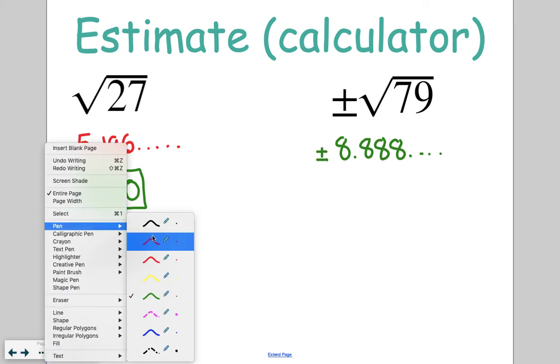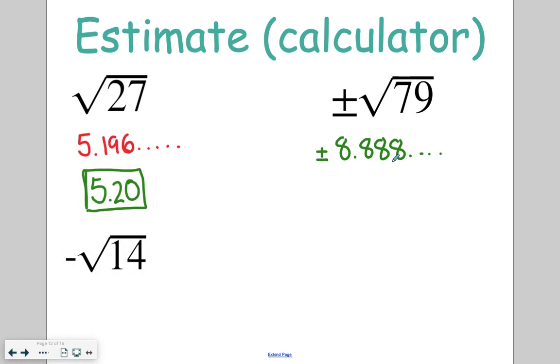Again, we need to pay attention to our rounding. So rounding to 2 decimals, this third place, the 8, tells me I need to go up. So instead of 88, I'm going to make it plus or minus 8.89.